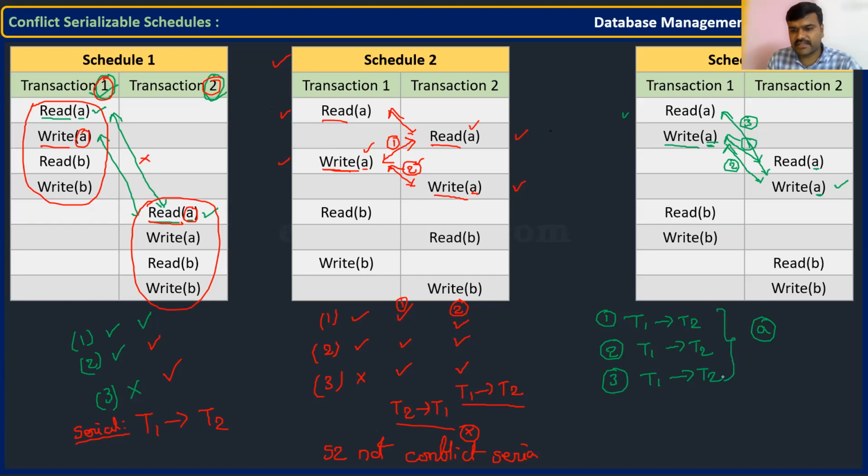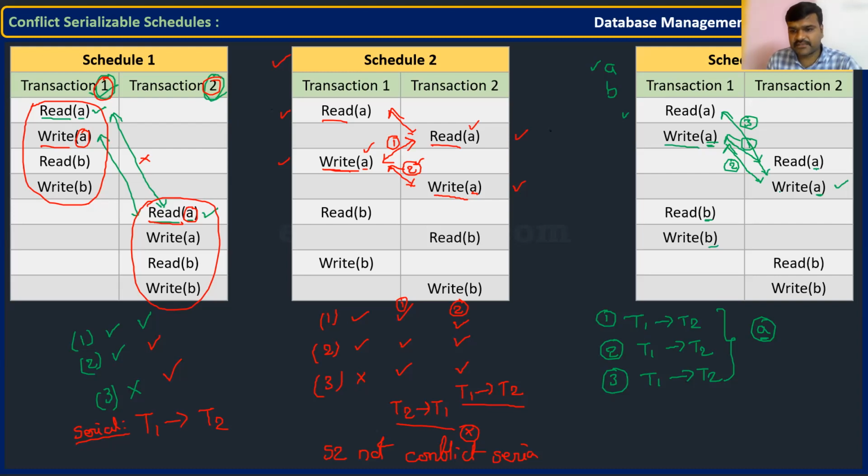That is what you need to observe. And not just for data item A. How many items are there in this schedule? Data item A and then B. So not just for one data item, for every data item you must get the same order. That is very important.